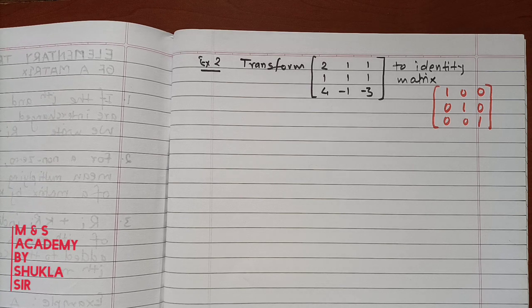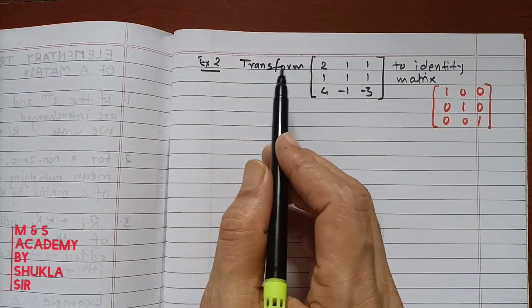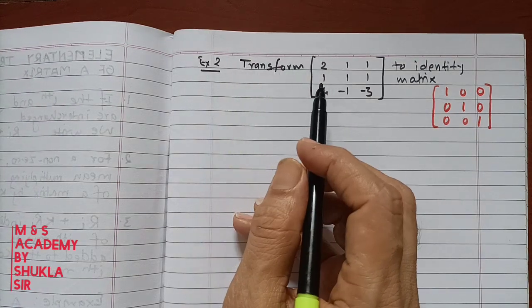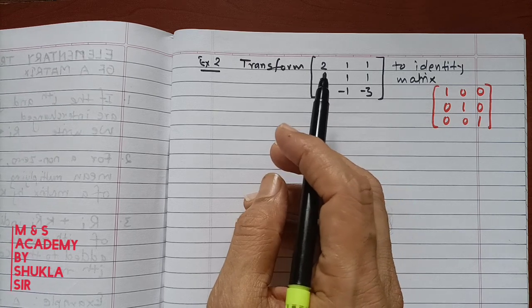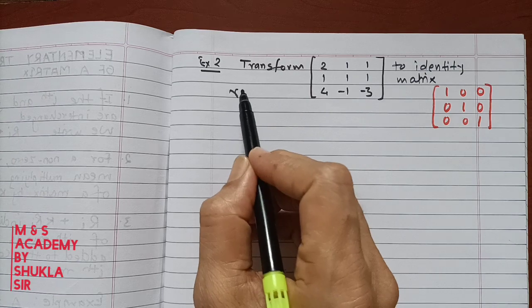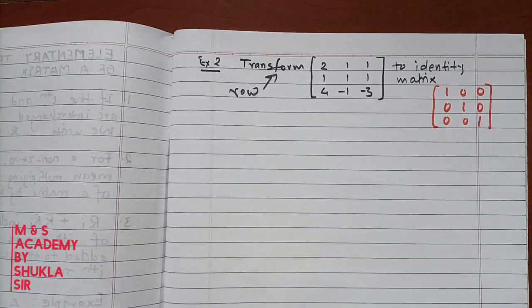Column transformation is also applicable, but it is considered difficult to perform, and while solving a system of linear equations we don't require this method. Transformation by row is easy as compared to transformation by column, so we prefer row transformation.